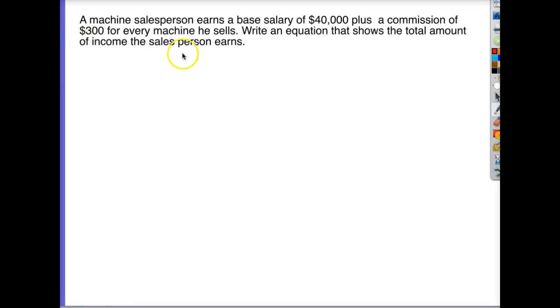So let's make sense of what's going on. He's got a base salary of 40,000 and then plus a commission of 300 for every machine. He wants us to write an equation that will give us the total amount of income.